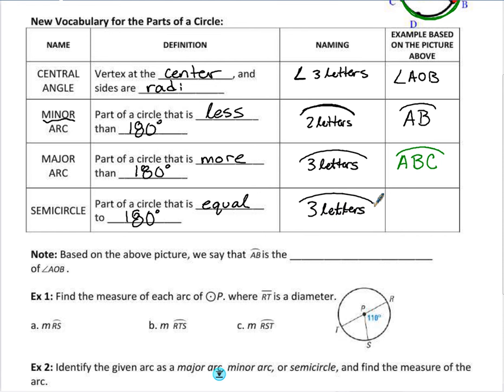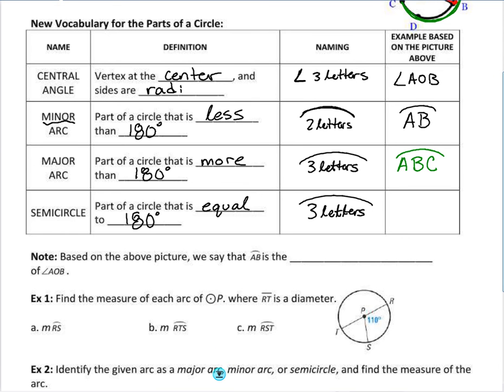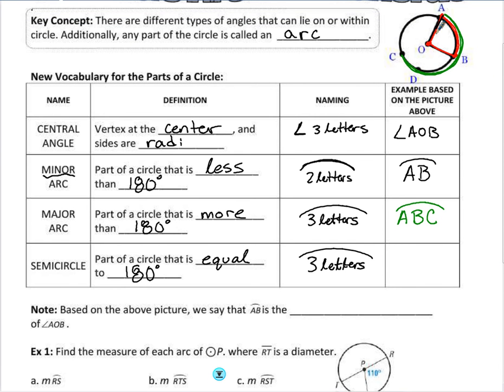And if I know for a fact that AD is the diameter of my circle, a diameter is a dead giveaway for which arc represents a semicircle, because the endpoints, the letters that I start and finish with in my arc, A and D, have to be a diameter of the semicircle. That's part of the definition of what a semicircle is. So make sure that those letters match diameters to create a semicircle that is equal to 180 degrees.